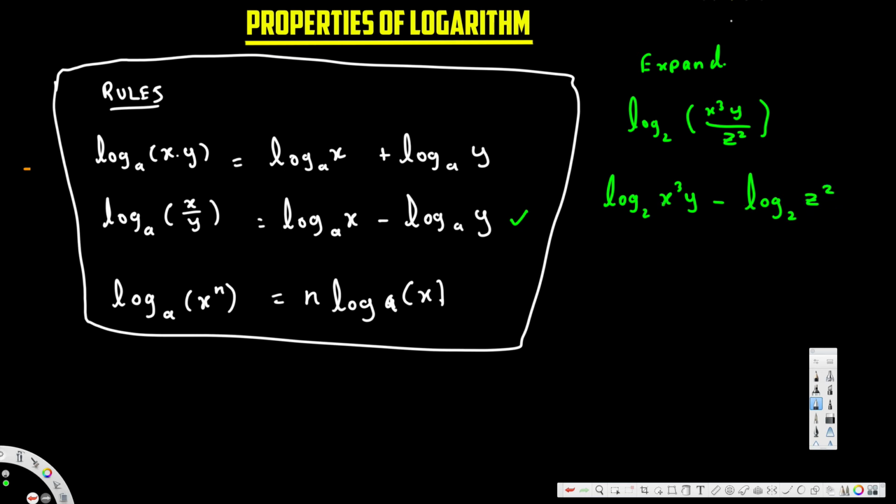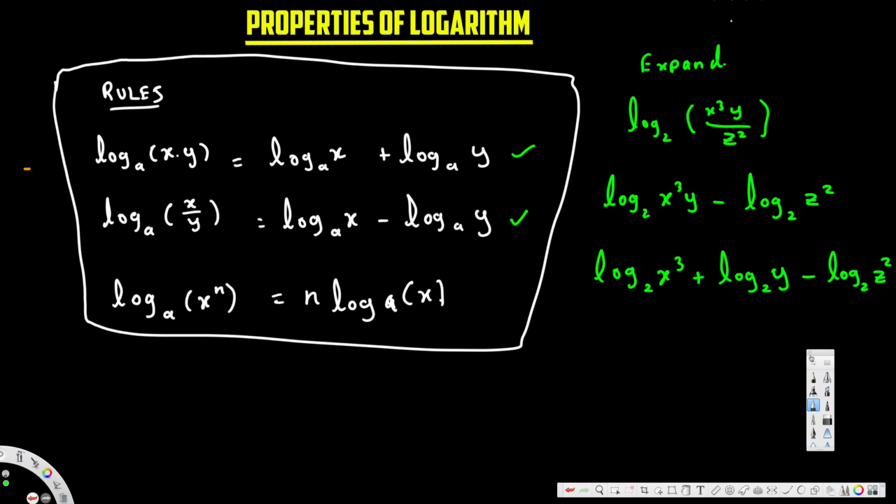Okay. And also, if you notice this one, here we have a multiplication. When we have multiplication, we can use this first rule. So we can write this as addition, right? Log 2 x cubed plus log 2 y minus log 2 z squared. And also we have another rule.